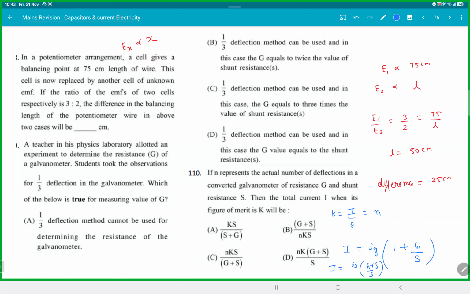I think I'm getting confused between small i and capital I, because this thing actually measures small ig. Capital I is n theta. So I think you'll get G plus S by S. There is some confusion here. Let me check this out.